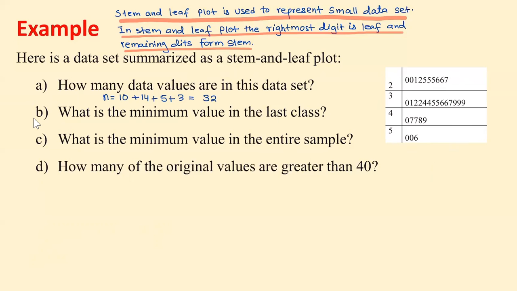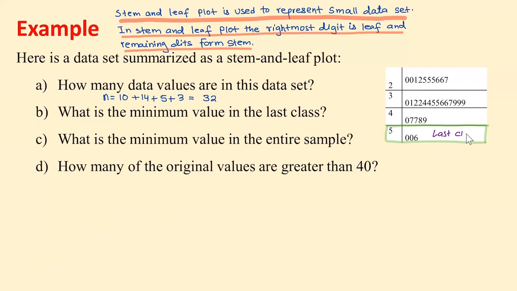Now, part B: what is the minimum value in the last class? This is the first class, this is the second class, this is the third class. So this is the last class. Let me highlight here. That is the last class.